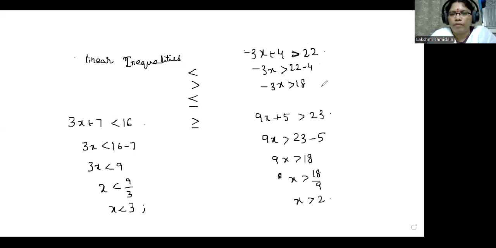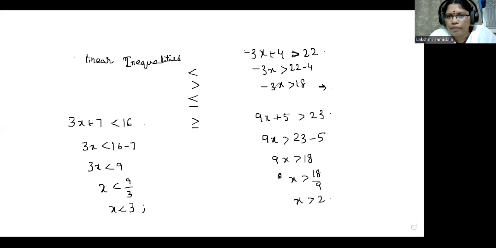So again, now negative 3 is multiplying here, so it is going to divide on this side. One more thing is, if we divide or multiply with a negative value, then the inequality sign flips. So greater than becomes lesser than. Greater than or equal to becomes lesser than or equal to.